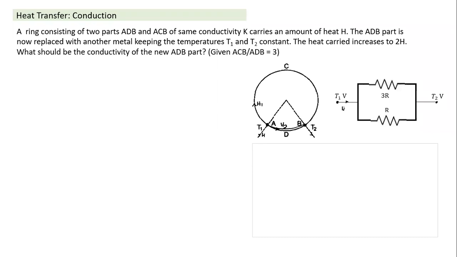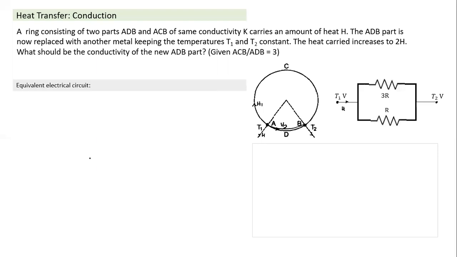That current is H1. These two are connected in parallel because they're connected across the same temperature difference. If I take this part as resistance, R, resistance is proportional to length. This length compared to the other is 3 times, so the thermal resistance is 3 times. So if this is R, this is 3R. So this is how the initial circuit is.